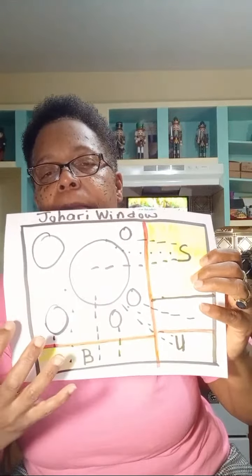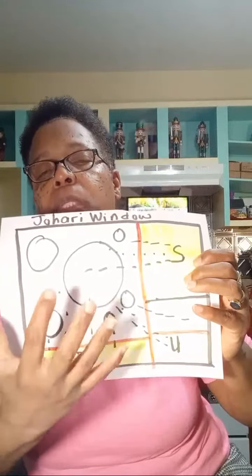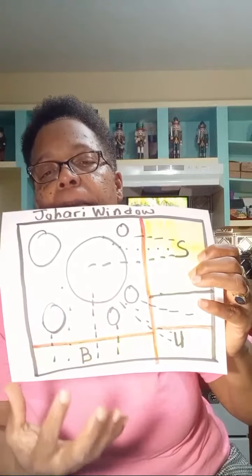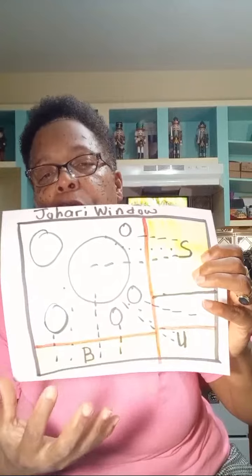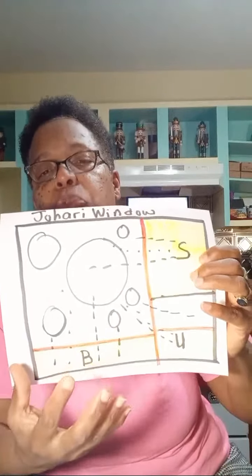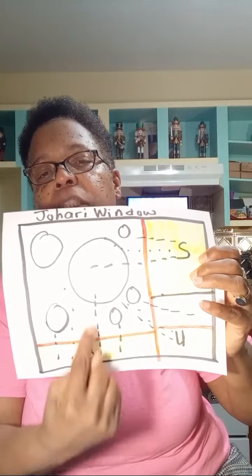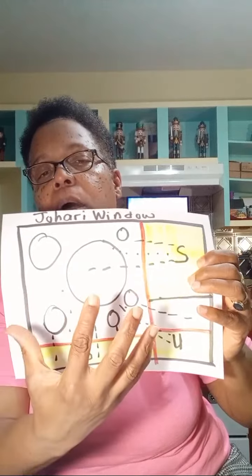Information is going to shift from the blind area of the Johari window, that information that you may not have been aware of, or how a person really feels about you, giving you that constructive feedback because you screwed up. So that blind window becomes smaller, and the information shifts into the open, which becomes larger.